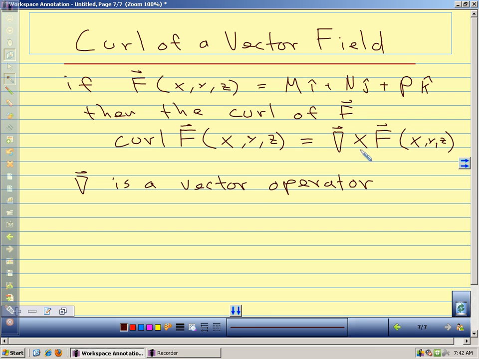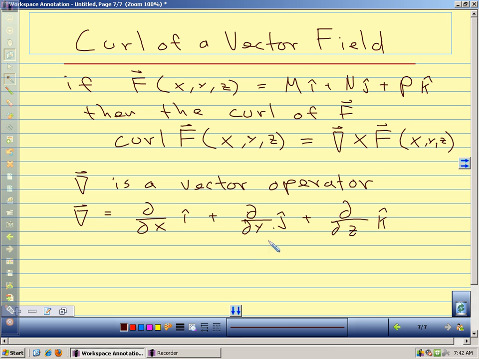Now we're forming the cross product of del with another vector. And we said that we can think of del as the operator d/dx i plus d/dy j plus d/dz k.